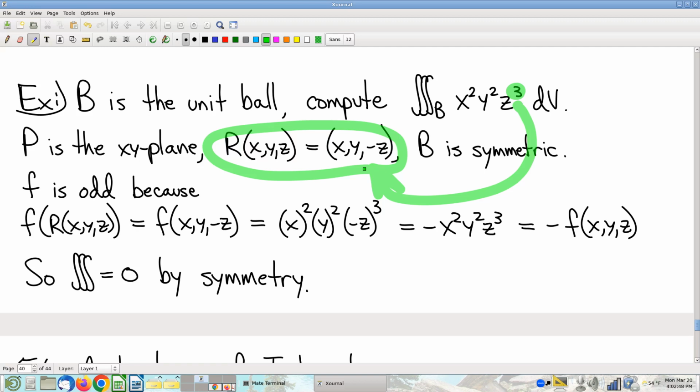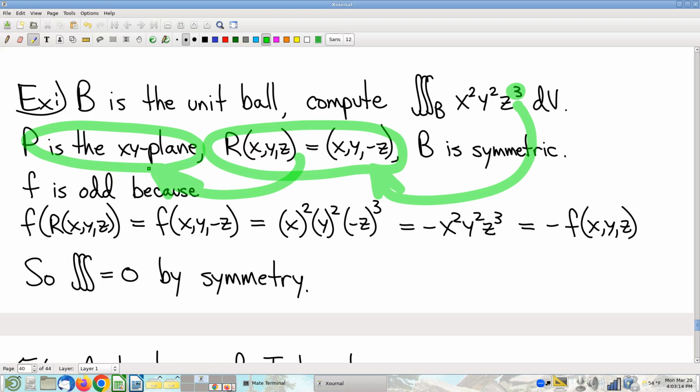Here's my XY plane, and if I have an alleged reflection where, whatever point I have, I just put a minus on the z coordinate, what am I reflecting through? Well, I'm clearly reflecting through the XY plane. So this then motivates the choice of the XY plane. Is that good for everybody?